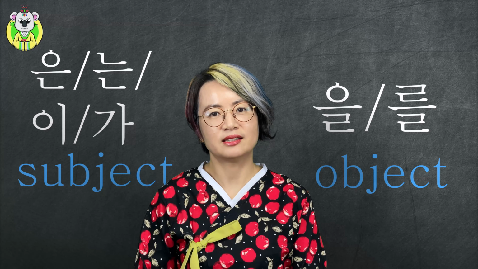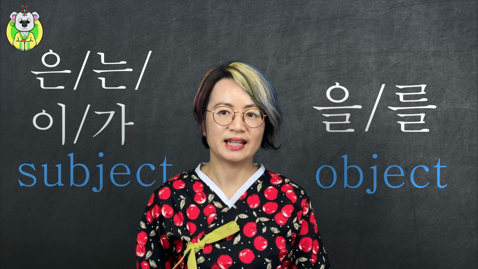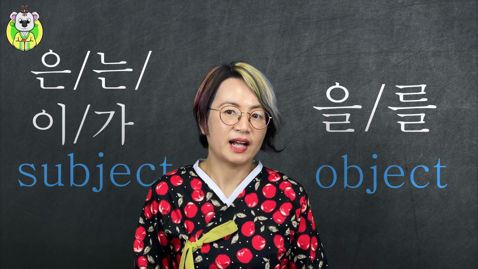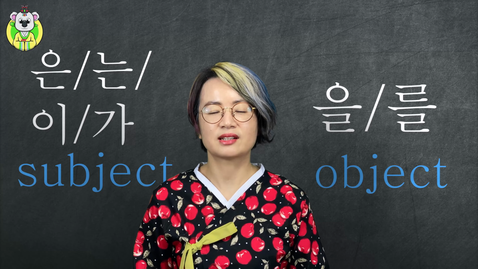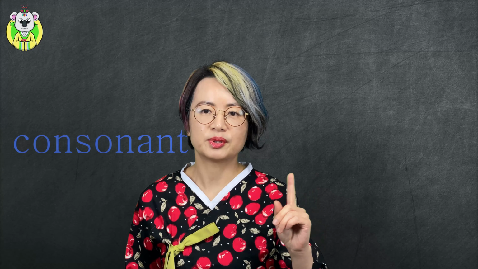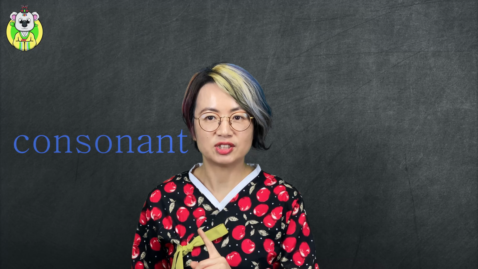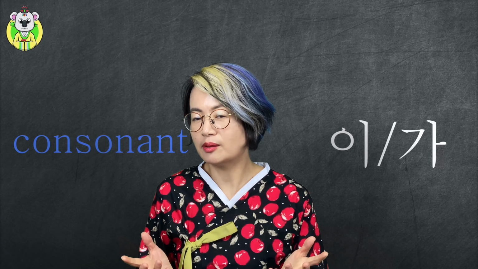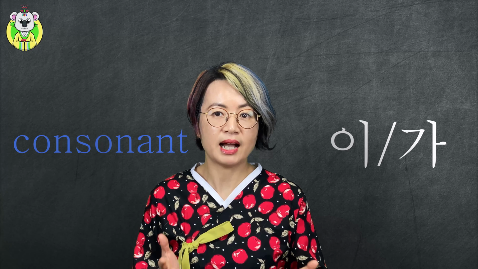If you pay a little attention, you'll see that some start with a vowel sound and the others with a consonant sound. Consonants and vowels are like boys and girls, and they really like each other and want to be together.